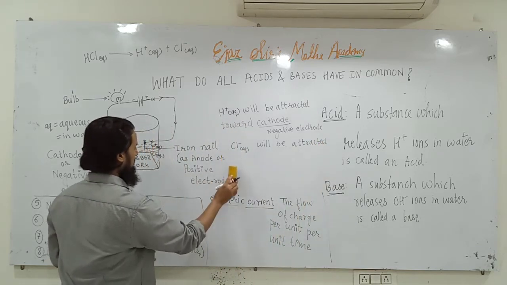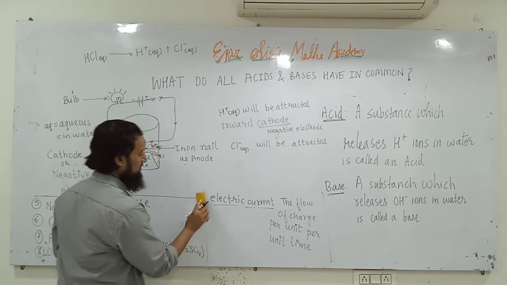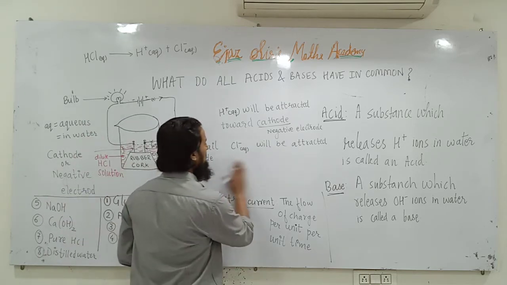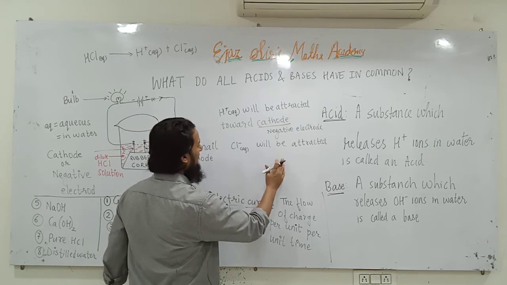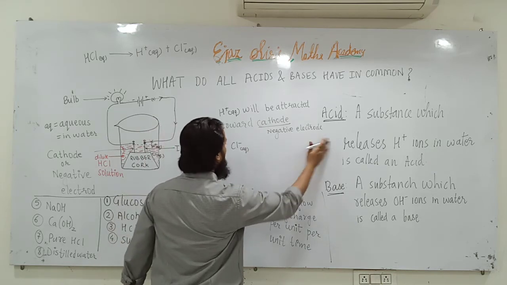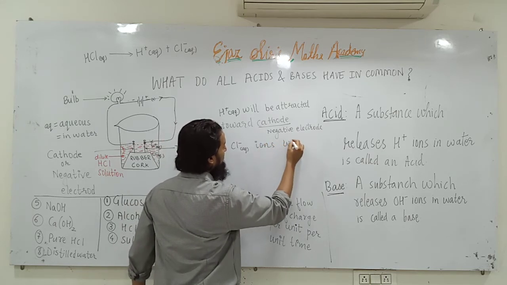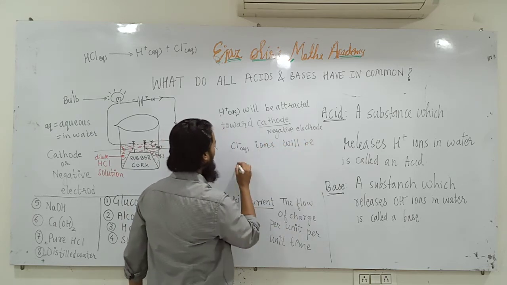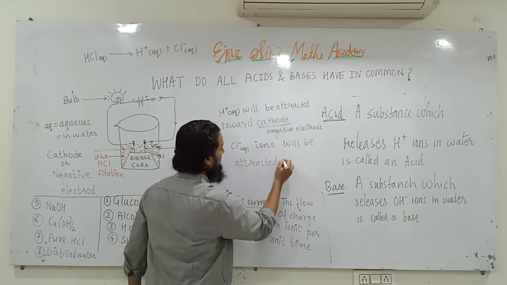The positive electrode, I have told you, is the anode. Electric current we know. So Cl negative ions, or anions, will be attracted towards the anode.